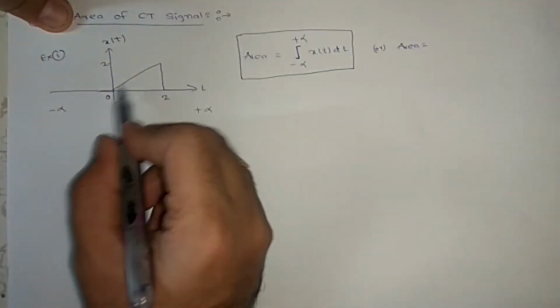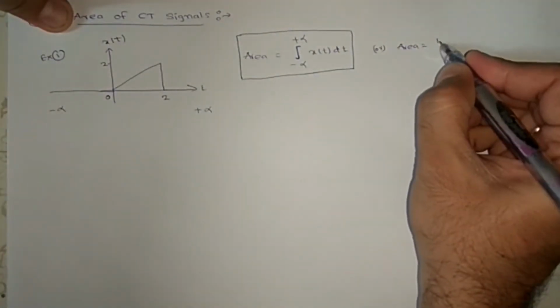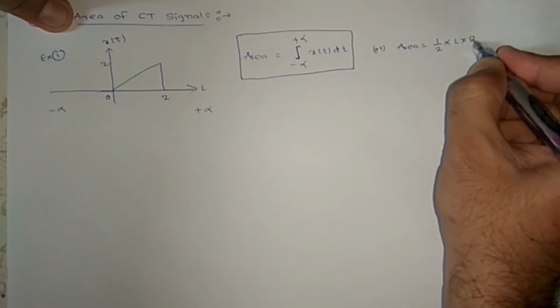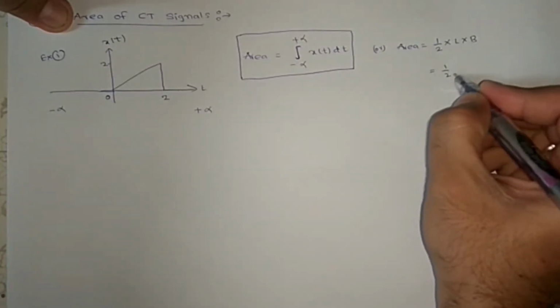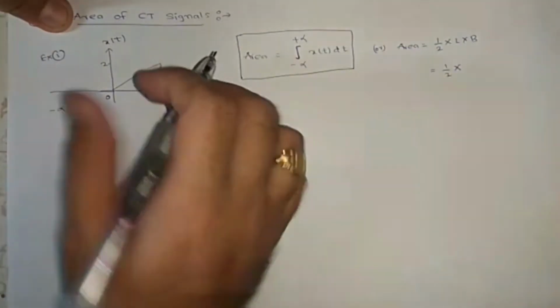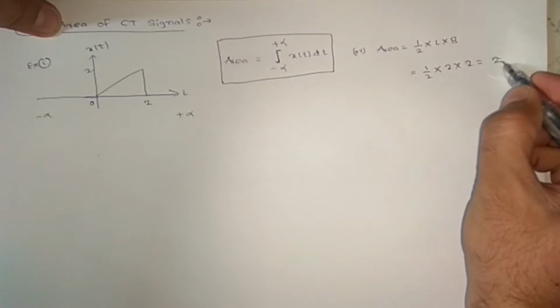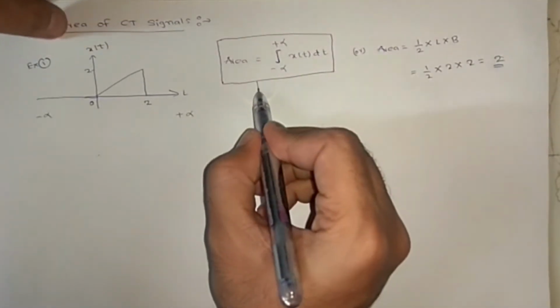See here, this is a triangle signal, right? What is the triangle formula for finding area? 1 by 2 times the base, which is 2, and the height is 2. Total 2. Go with this formula.